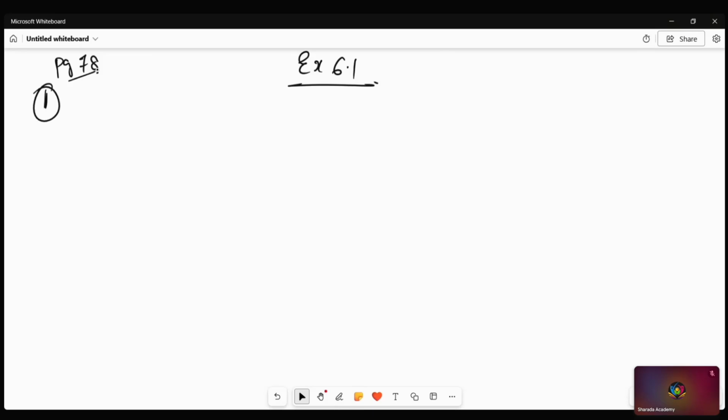All circles are similar. Why can't they be congruent? Because they can have different radius. So all circles are similar. Second one, all squares are similar.